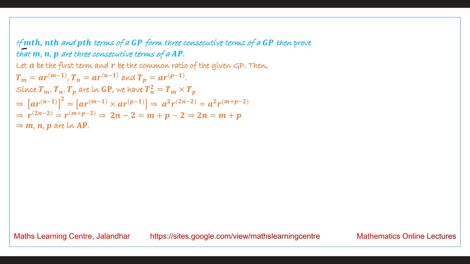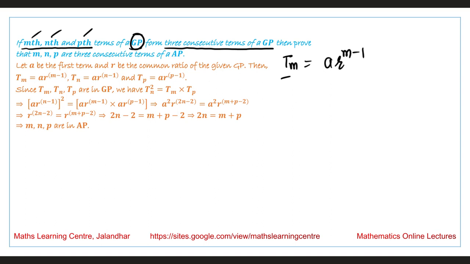Next we have, if the mth, nth and pth terms of a GP form three consecutive terms of a GP. So we have a GP whose mth, nth and pth terms we are talking about. The mth term Tm is a r^{m-1}, Tn is a r^{n-1}, and Tp is a r^{p-1}.